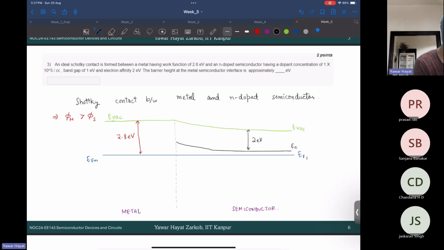And then we also know that the band gap is 1 electron volt. So I guess it should be roughly something like this. Maybe it's not drawn to scale, but still.